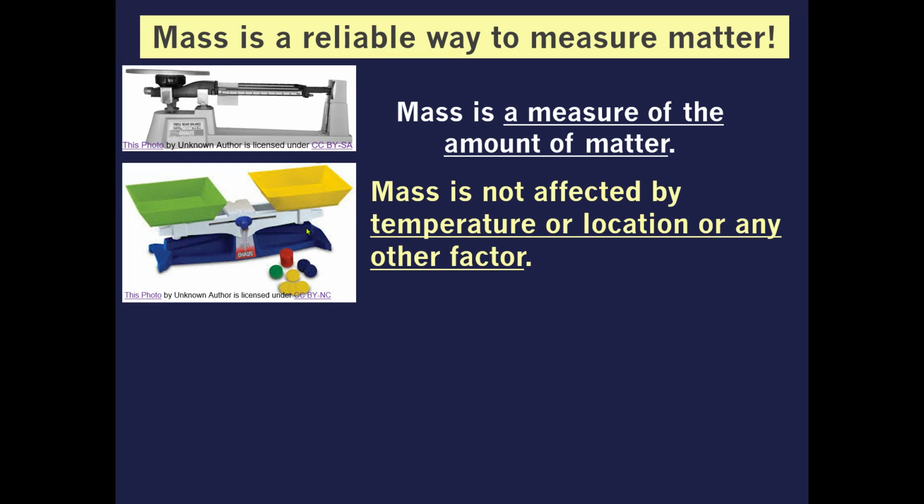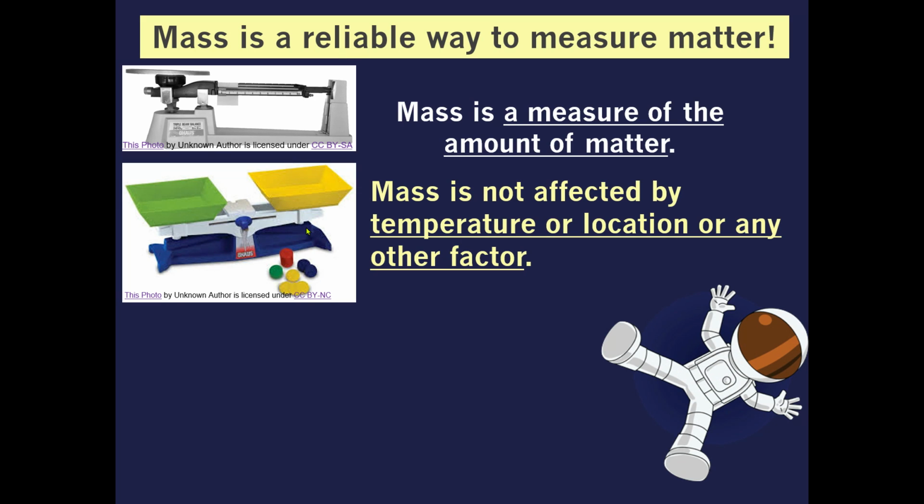If we were to take that same ice cube, say, and measure the mass here on Earth, and then we took it up to the moon and measured the mass again on a balance up on the moon, we would still have the same amount of mass. Okay, it's not going to change.